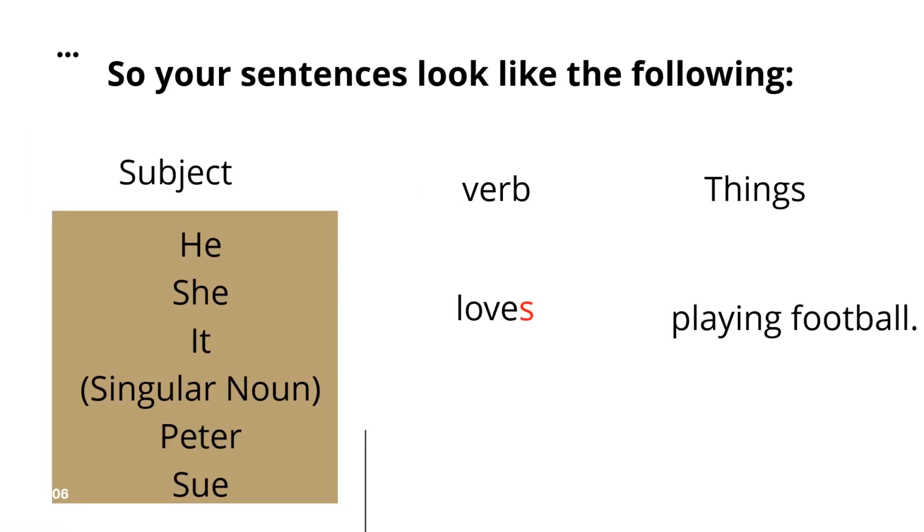So your sentence looks something like this. Your subject, then your verb, and then the things. So your subjects would be he or she or it, maybe a singular noun like Peter or Sue. And then your verb, love, would be he loves, she loves, it loves, Peter loves, Sue loves playing football.